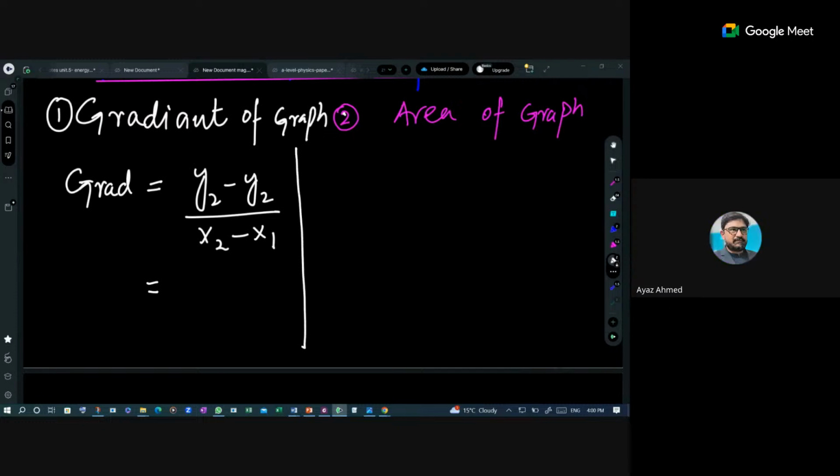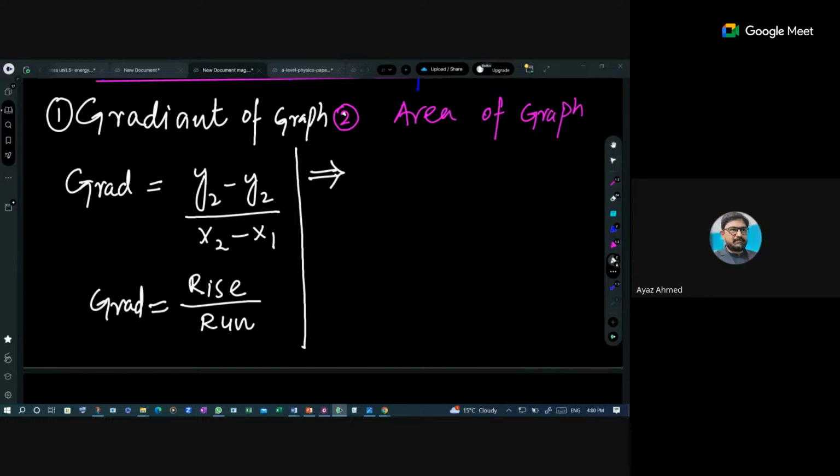Or simply said, it is rise over run. This is another technique to find the gradient. In further detail, the gradient is the steepness of the graph.